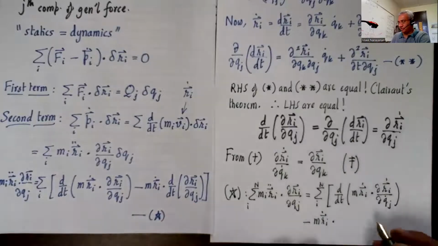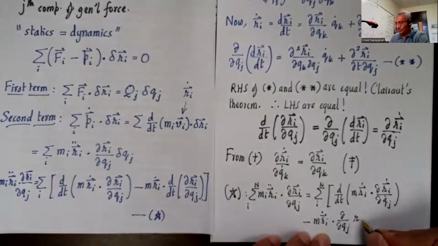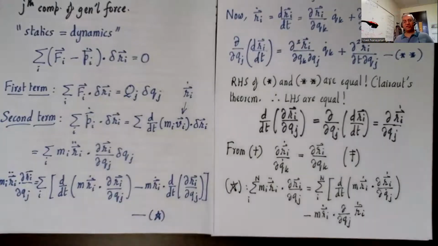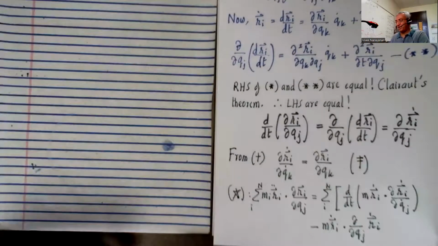So this is going to be ∂/∂q_j of r_i dot. So that's where we've got so far.